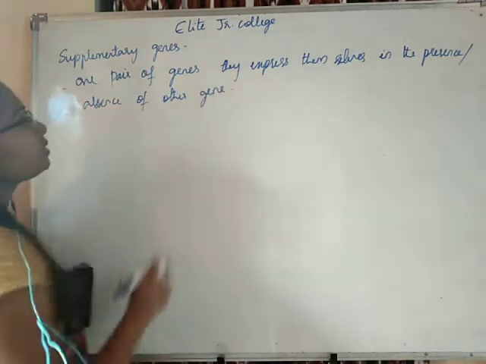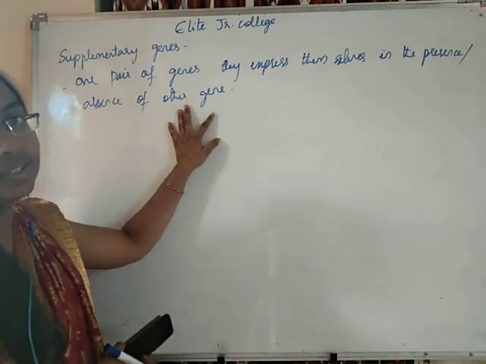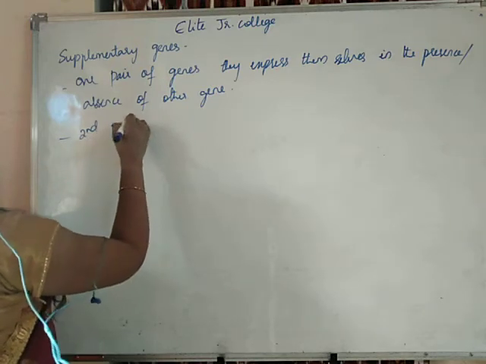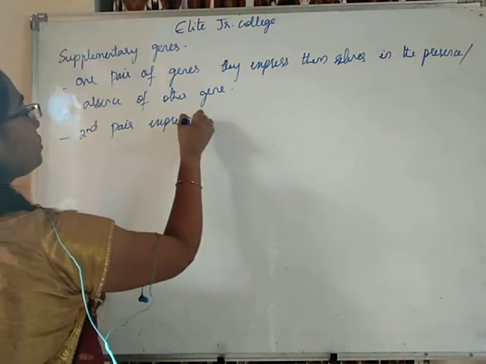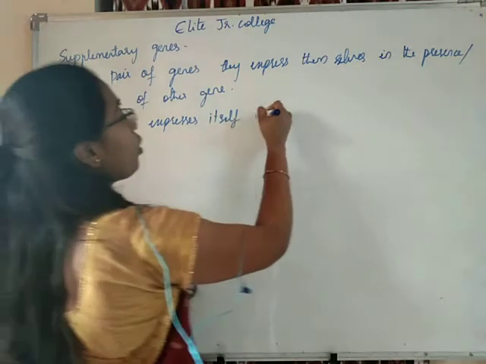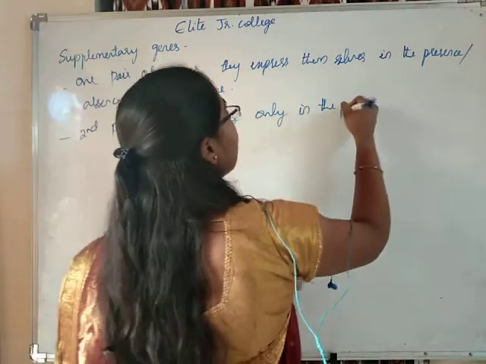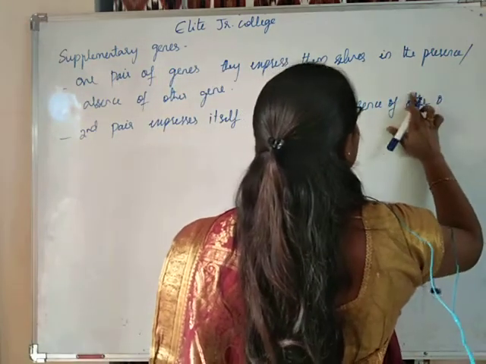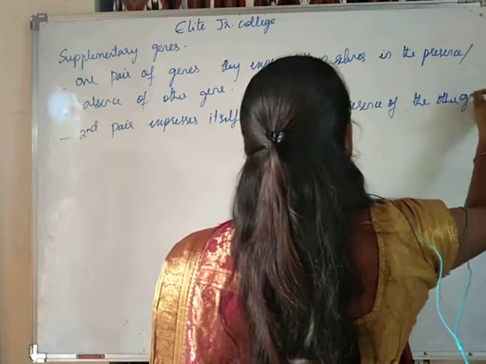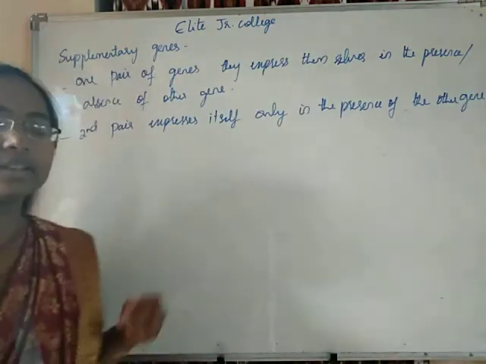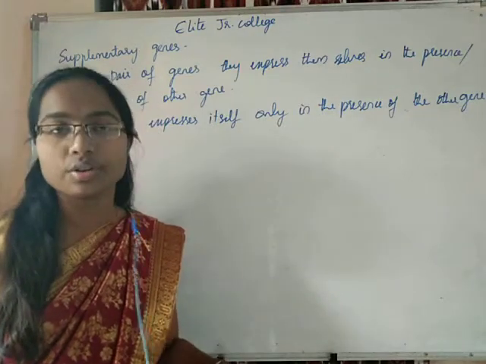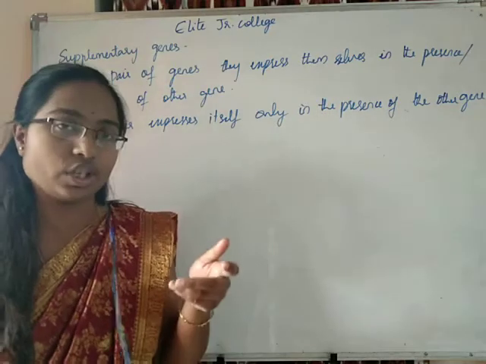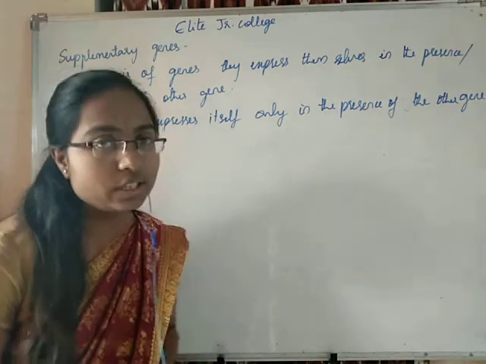But the other pair, the second pair, expresses itself only in the presence of the other gene. So one type of gene is expressing itself whether the other gene is present or not, whereas the second type of gene is expressing itself only in the presence of the other gene. That is supplementary gene interaction.